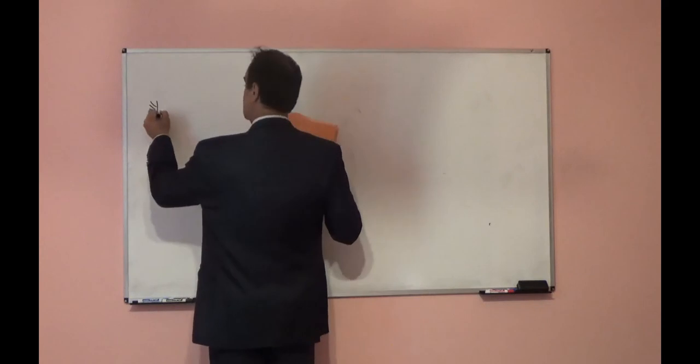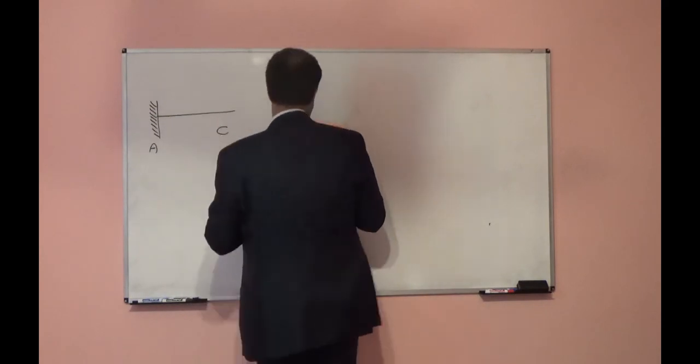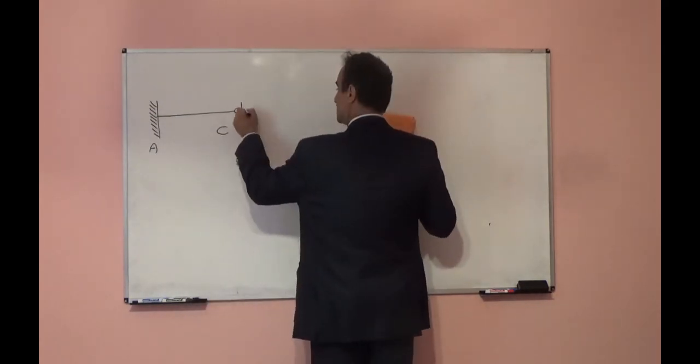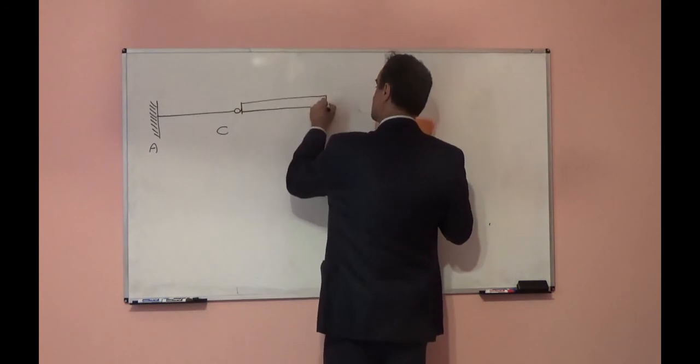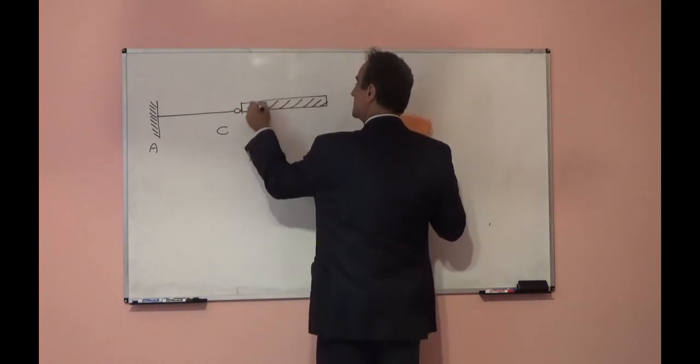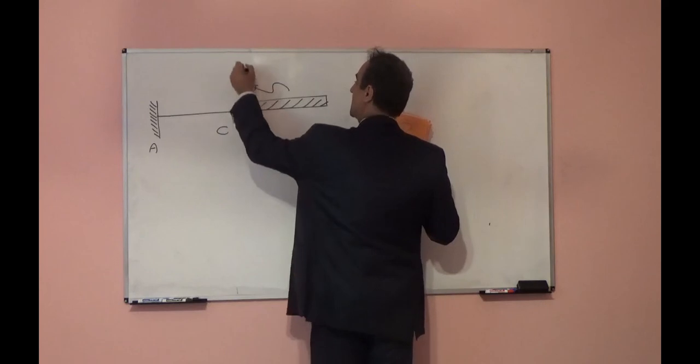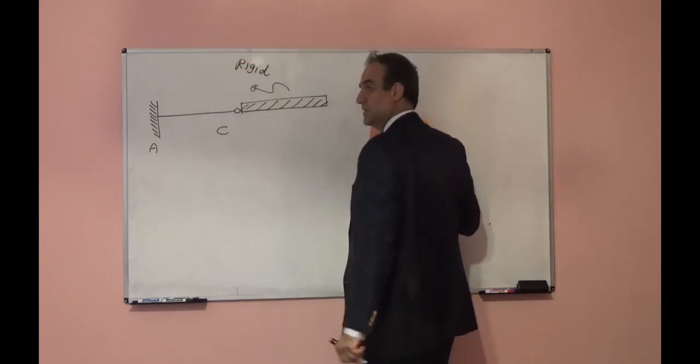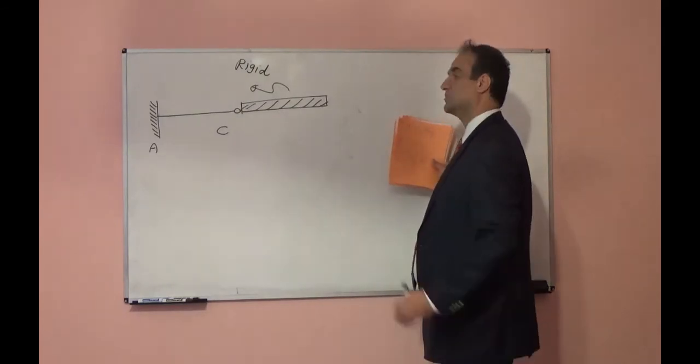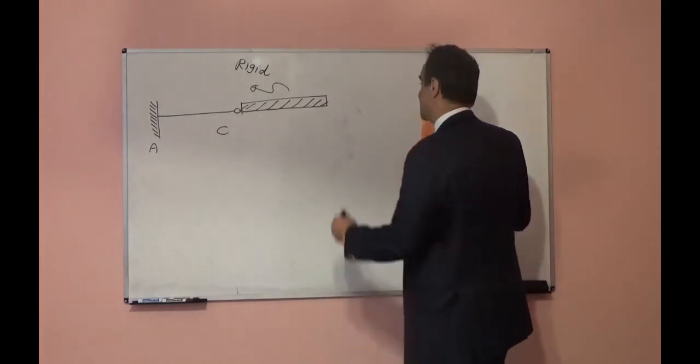A, C, this part is rigid. Rigid means EI goes to infinity. No deformation in this part, or the cross section is very big.